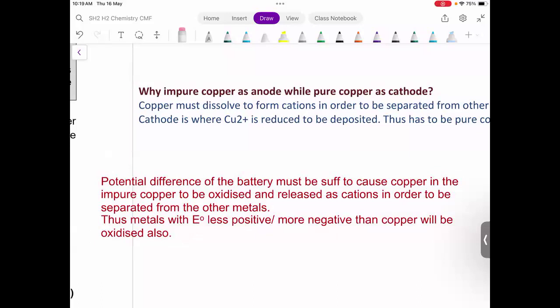Agree? You cannot control what is found together with your impure copper. So any cations or any metal that is more reactive than your copper will also be oxidized in the process. Okay, so the recognition that copper must become copper 2 plus is important.